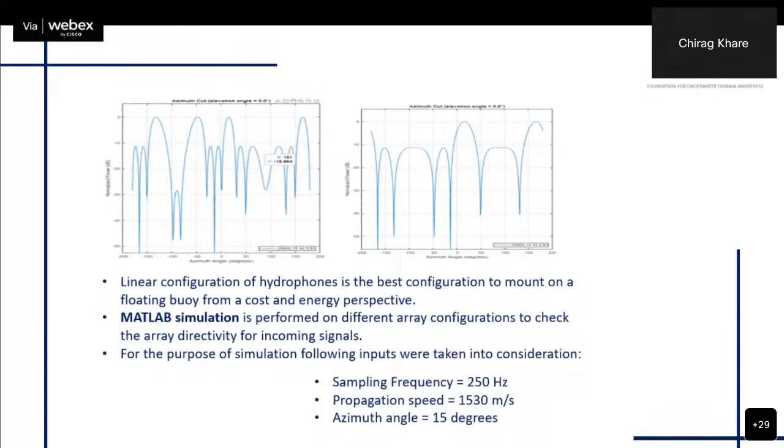Now, the propagation speed that we have taken is 1530 meters per second, which is the speed of sound in water bodies. Also, we are dealing with the shallow depth of water bodies, so the azimuth angle is not taken to be very large, as can be seen here. It is taken to be 15 degrees.